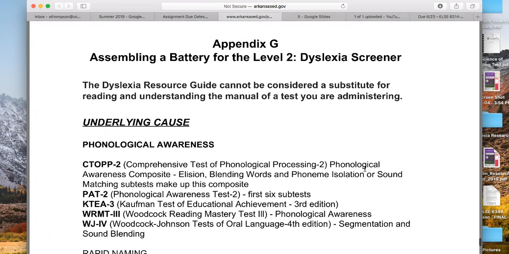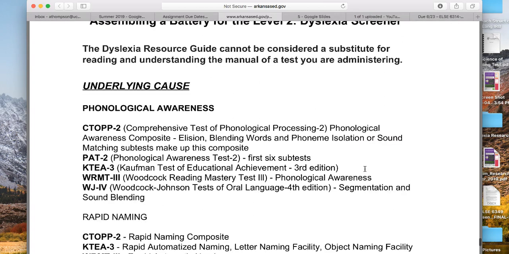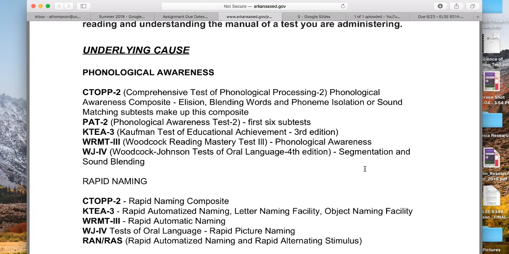Yes, here we are: assembling a battery for the Level 2 dyslexia screener. We're going to be doing the CTOP and the Tower first.